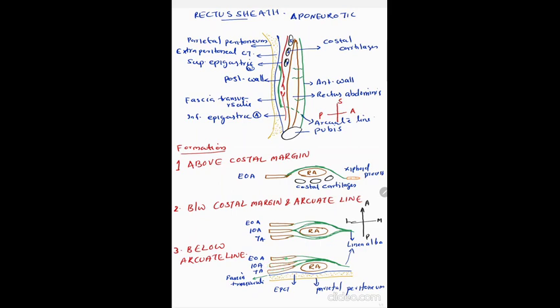See here, the aponeurosis of the external oblique abdominis muscle remains separate, whereas that of the internal oblique and the transversus abdominis fuse to form a structure that is a conjoined tendon. And the posterior wall is deficient. There is no posterior wall. The muscle directly lies on the fascia transversalis.